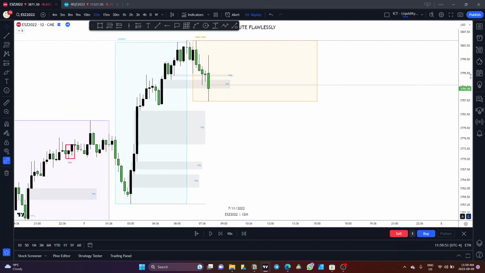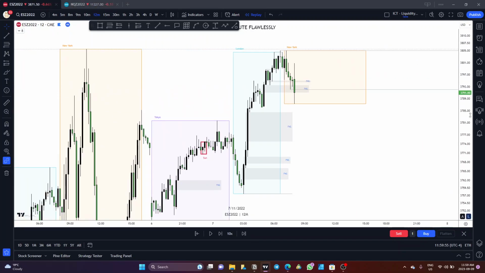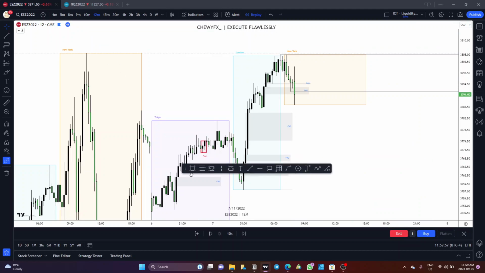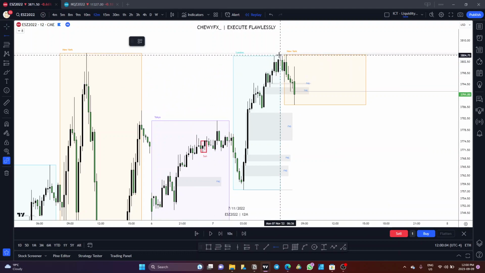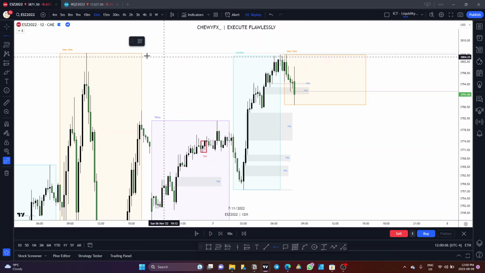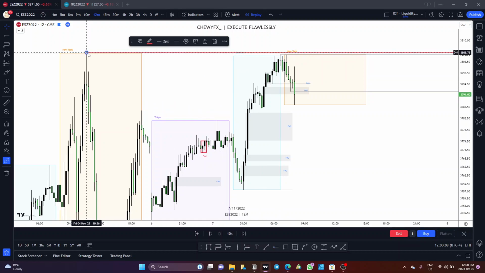So first, after we check the news, we're immediately going to want to identify our daily liquidity. So let's see, it's Monday, so we want to look for Fridays.